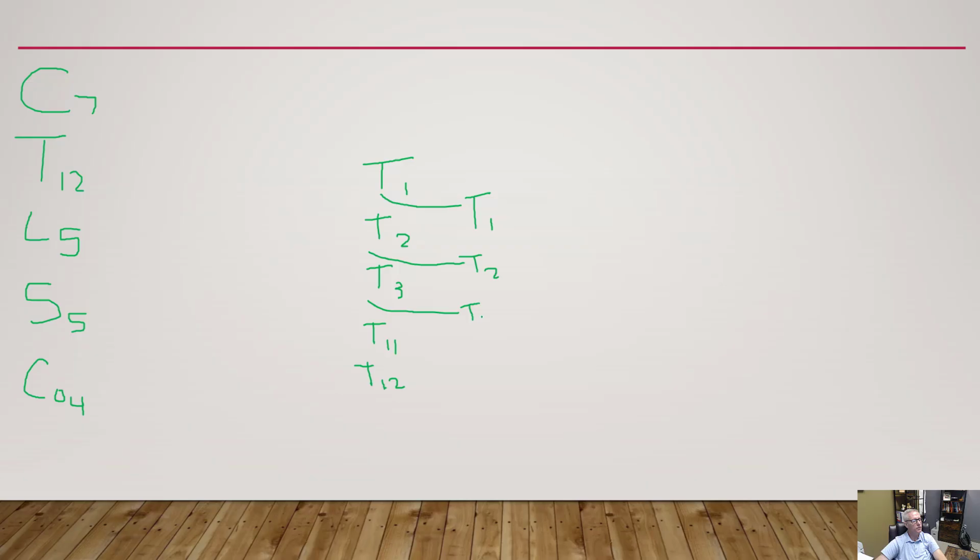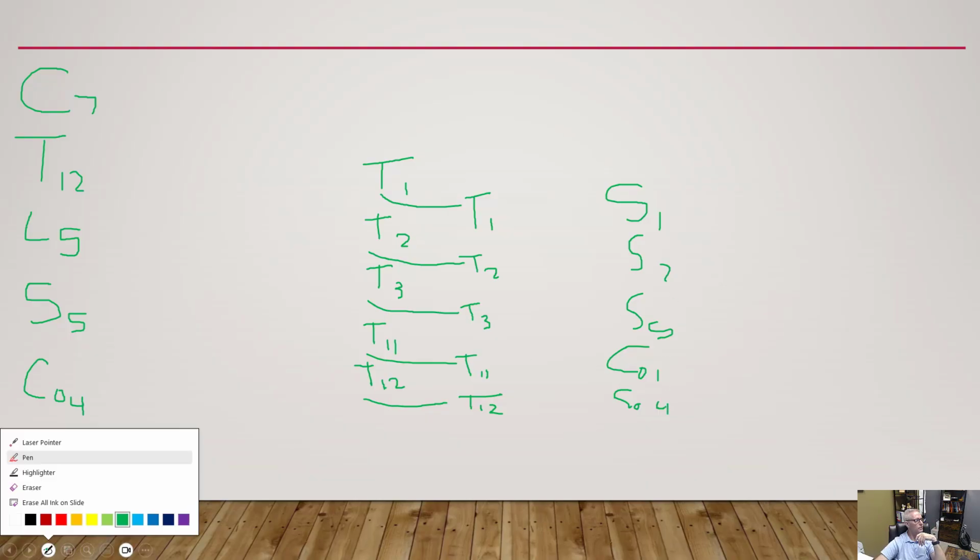Your T3 spinal nerve shoots out underneath your T3 vertebra, and so on and so forth. That's how we name our spinal nerves. And then your sacrum, we have S1, S2, S3, S4, S5, and coccygeal 1, 2, 3, and 4. Obviously, I'm not writing all of those.